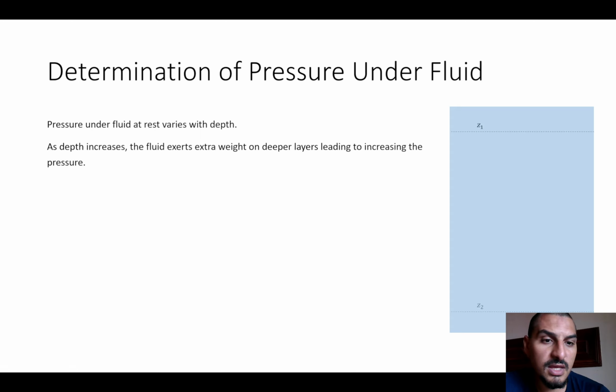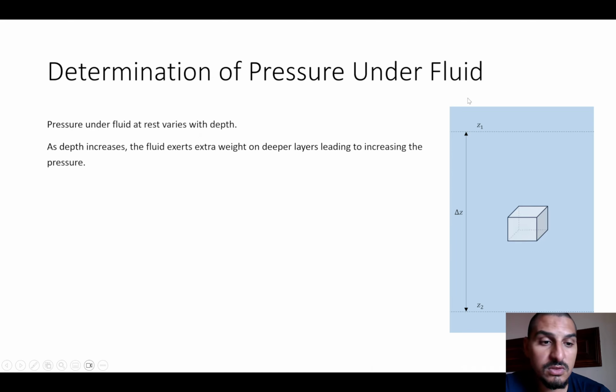So let's say we have a fluid and there are 2 points, a point at depth z1 and another, deeper point at z2, and the difference between the two depths is delta z. We want to find the pressure difference between points P2 and P1. Of course, the pressure at point P2 is higher than the pressure at point P1 because it's deeper. So we want to find P2 minus P1.